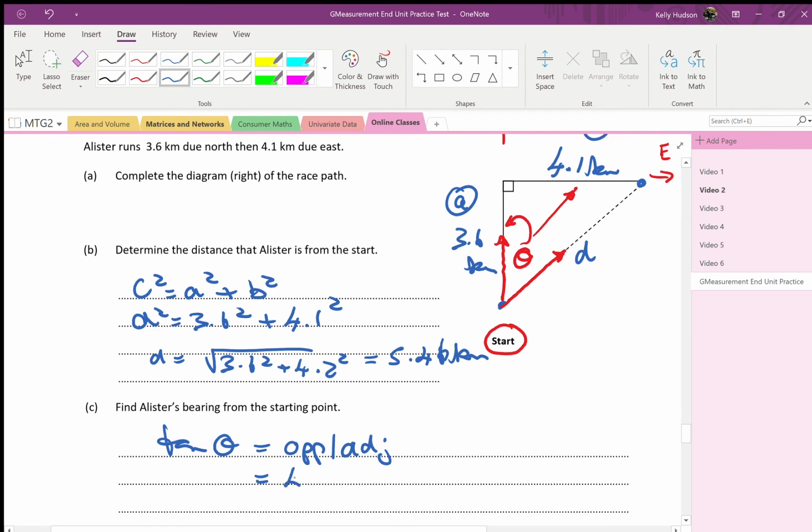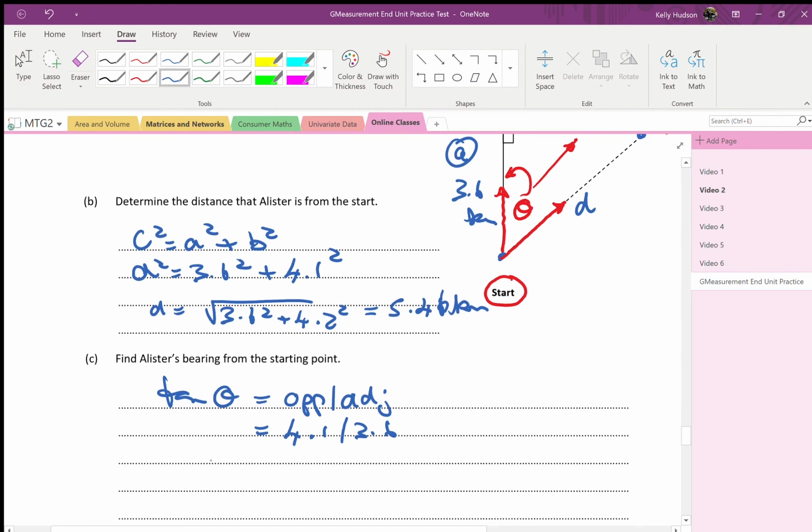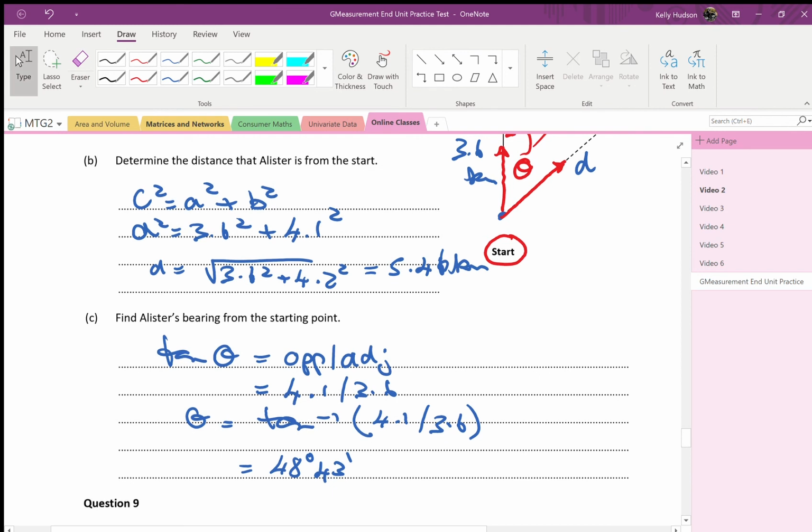Opposite side, 4.1 divided by 3.6. Put that in my calculator. Theta equals tan to the minus 1, so I do the inverse tan of 4.1 divided by 3.6 to find the angle. I put that into my calculator and I get 48 degrees 43 minutes, or you might get a decimal. Now the bearing will be a true bearing.